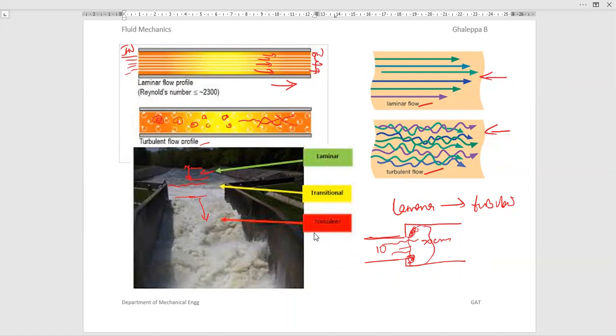Okay, and also a change in the direction. Here, if it is moving towards the right side, suddenly there is a change in the direction. Due to the change in direction also, you can see the conversion of laminar flow to turbulent flow, because there will be some losses, that is called major loss and minor losses. We'll discuss that in the next topic or in future videos.